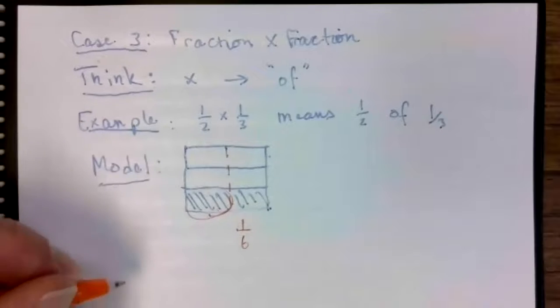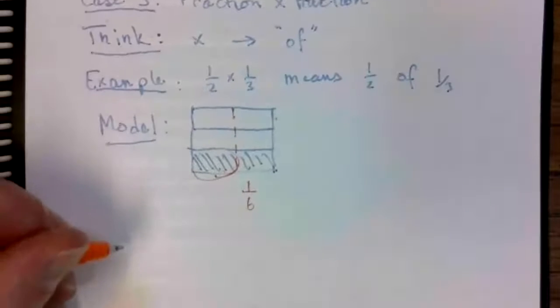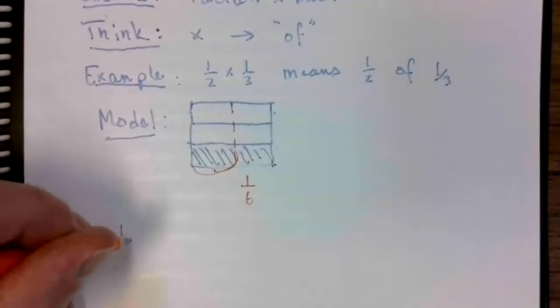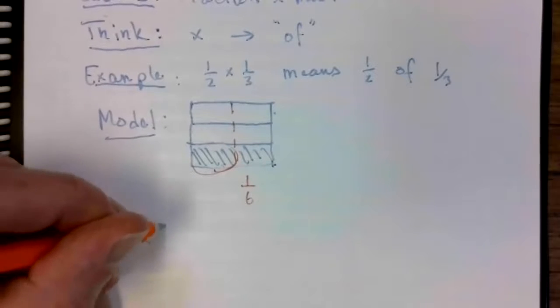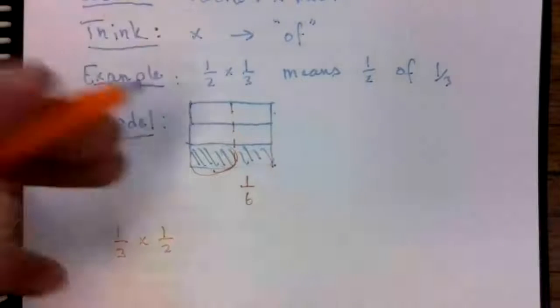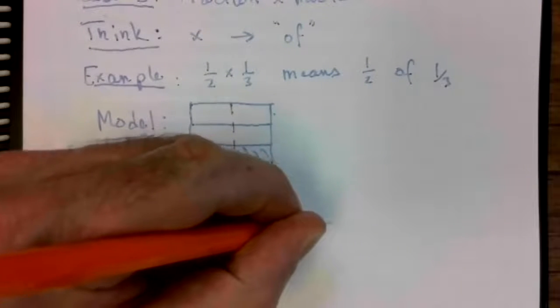Okay, now what we should do is make sure we can switch the order and still get the same answer. So 1/3 of 1/2 should give me the same thing. So let's think about this. So I would do a picture like this.